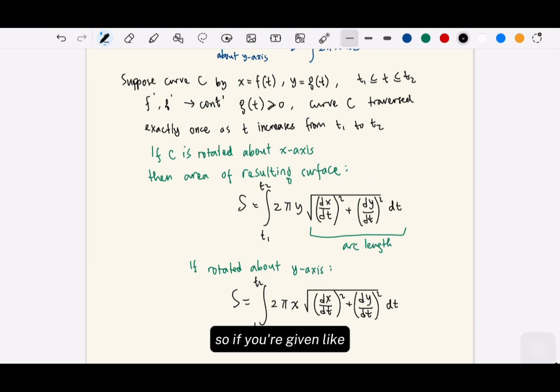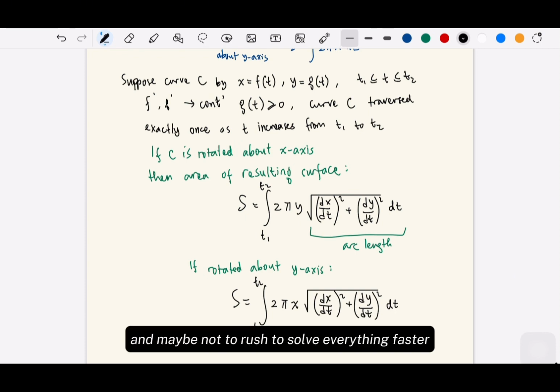So if you're given a question, before you start, just think first. If you have some trouble, take some time, and maybe do not rush to solve everything faster, unless you are confident that you can do it.